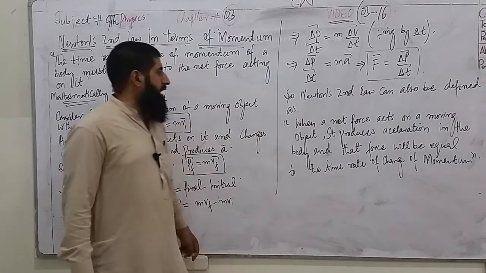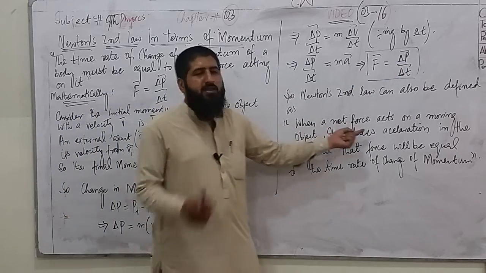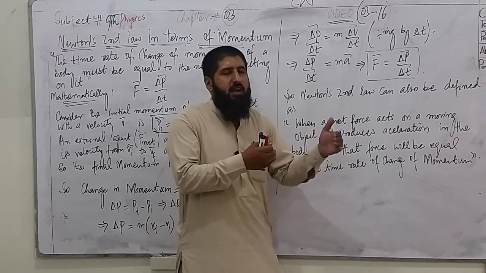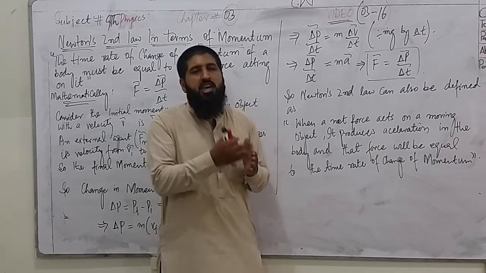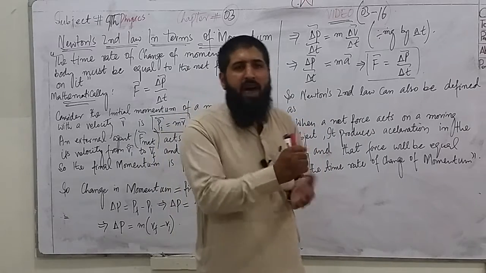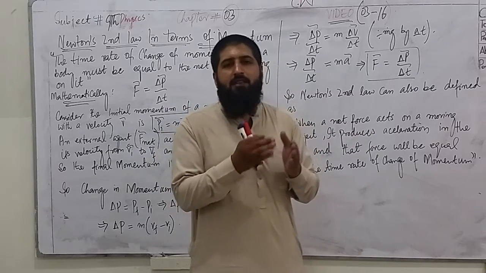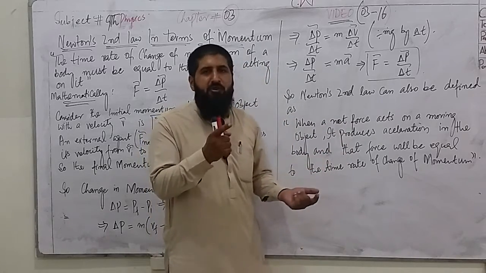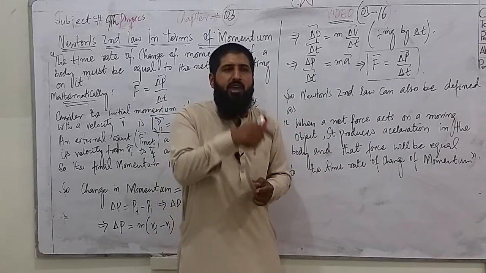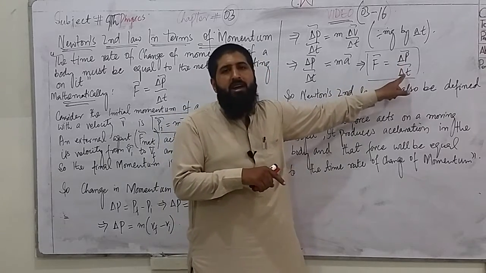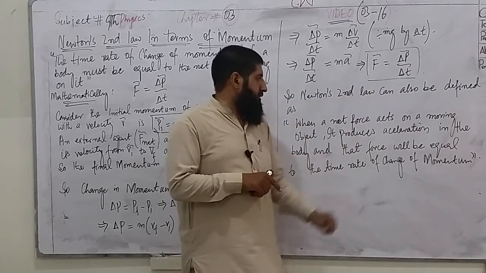Newton's second law can also be defined as: when a net force acts on a moving object, it produces acceleration. Simply, it changes the velocity of that object from initial to final. In such an interval, acceleration has been produced. So we can define that the net force acting on that object will be equal to the time rate of change of momentum of that moving object.